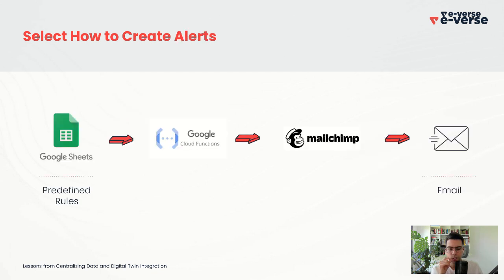And then to create alerts, given the fact that the user was already working with Google and MailChimp, what we did is the user had to define rules of the alerts on an Excel spreadsheet. So, for example, hey, I want an alert on a building every time there is certain cost or certain delay or certain something. So you define the predefined rules on Excel spreadsheet. We used to read those rules a couple of times every hour, and then if something happened, we submitted an alert to MailChimp, which will send an email to everybody that was involved on the project.